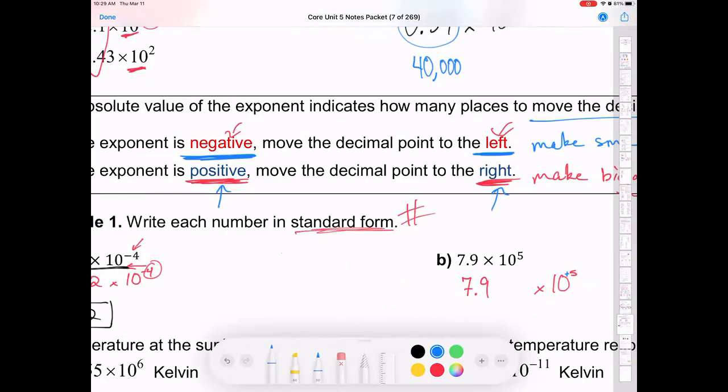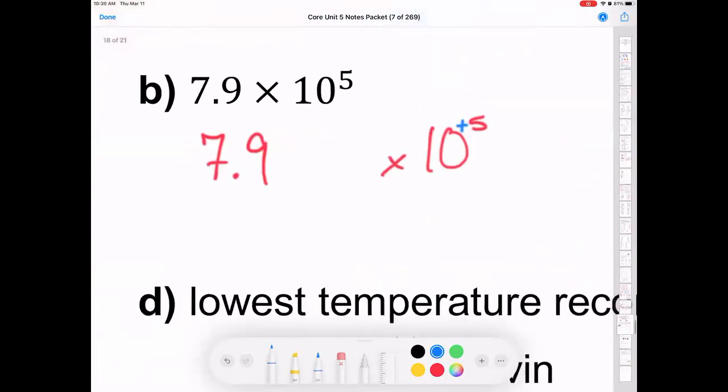So you're going this way, a total of 5 places. We take our decimal and go 1, 2, 3, 4, 5. Put your decimal, and then anywhere you see those little bumps, just like normal, you throw in those zeros.